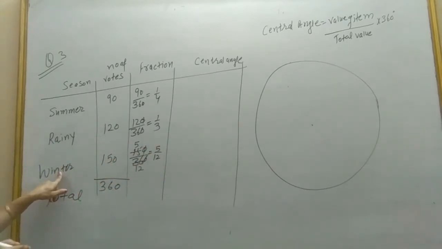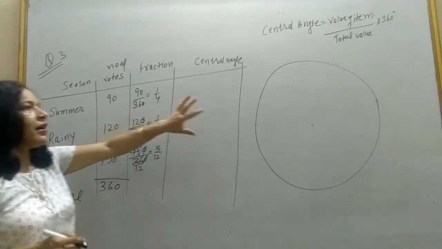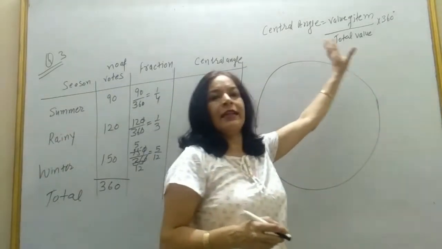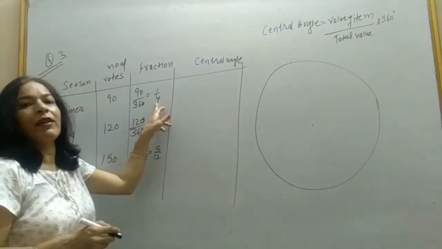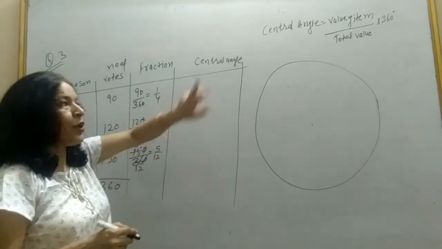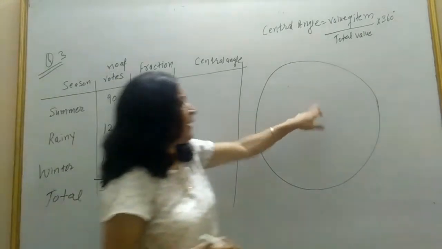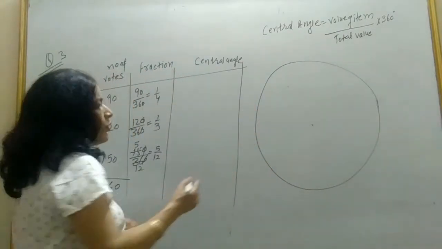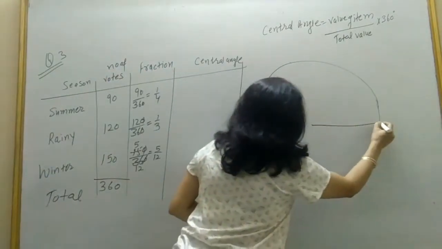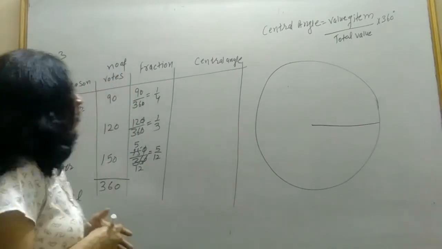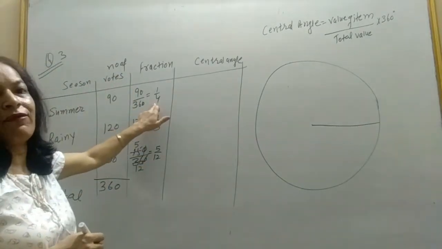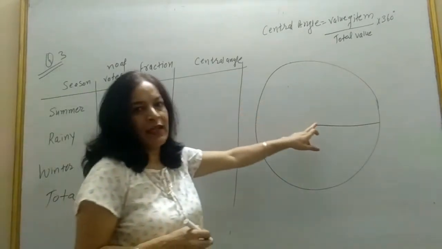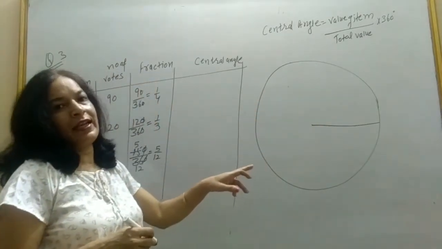Now to find the central angles: this whole circle means the complete angle, 360 degrees. So draw a radius. Now I have to represent 1 by 4 in the form of a circle, so I need to find the central angle.